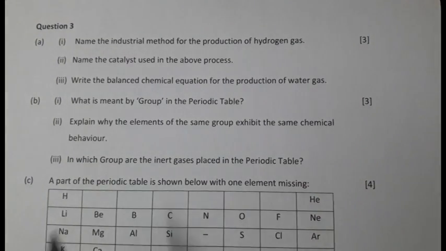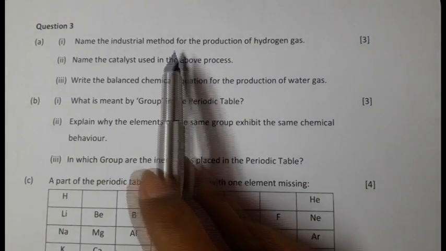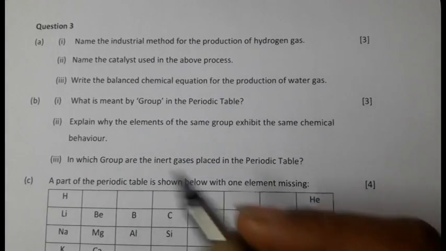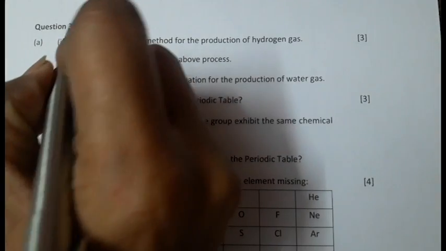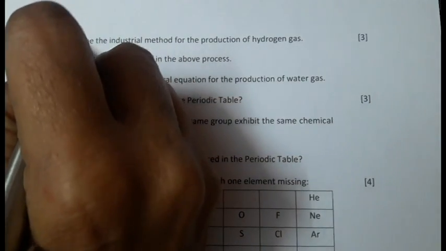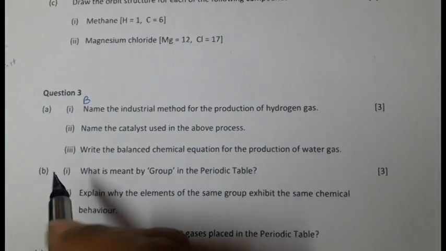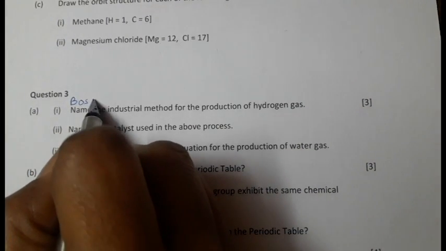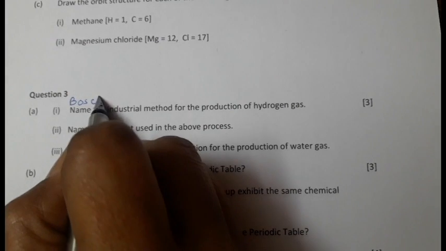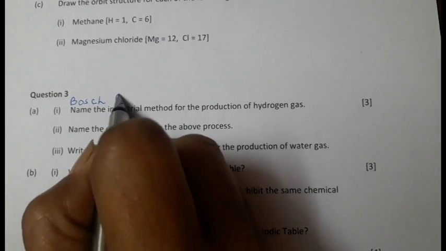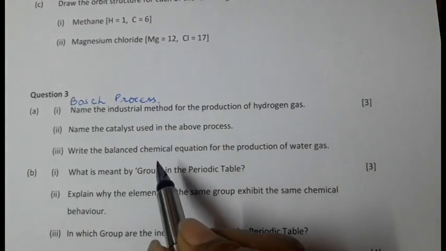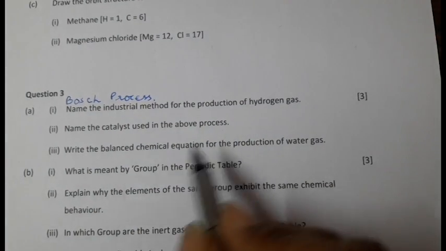Question number 3. Name the industrial method for production of hydrogen gas. Now hydrogen gas is prepared by Bosch process. Name the catalyst used in the above process.